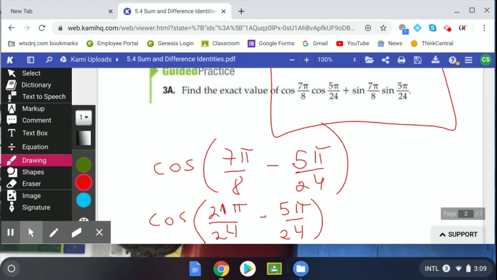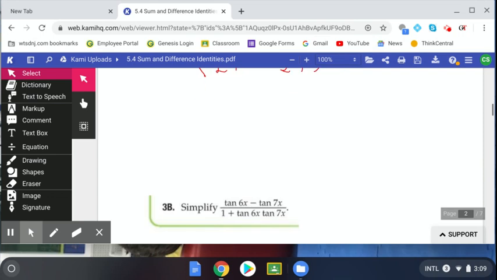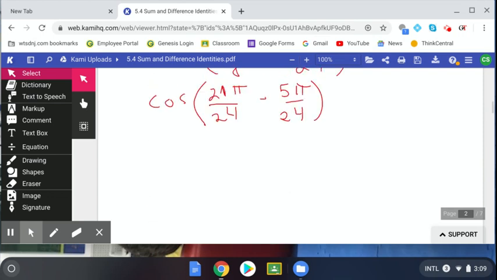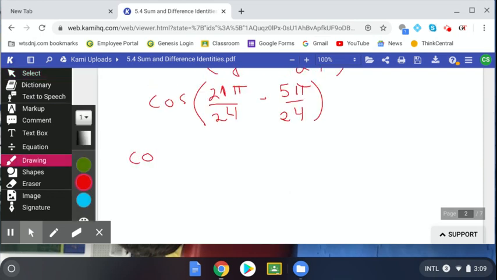And what this equals is cosine 16 pi over 24, which can be reduced to cosine 2 pi over 3.